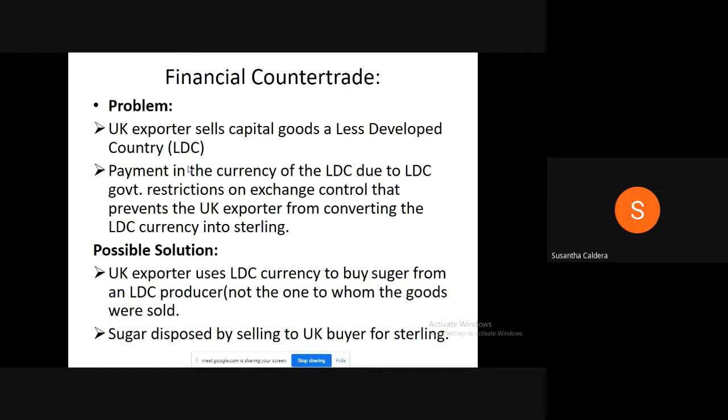Now, for example, for the heavy equipment they have given to the LDC guy, the value of that is LDC 10 million currency units, right? So what they do, they use that 10 million LDC currency to buy sugar from another guy.